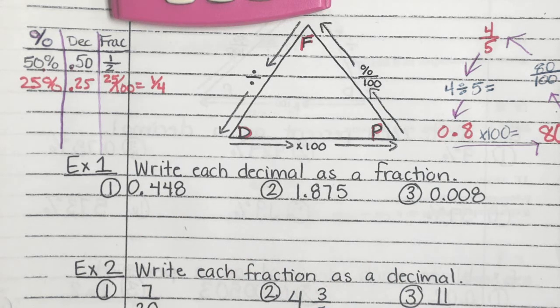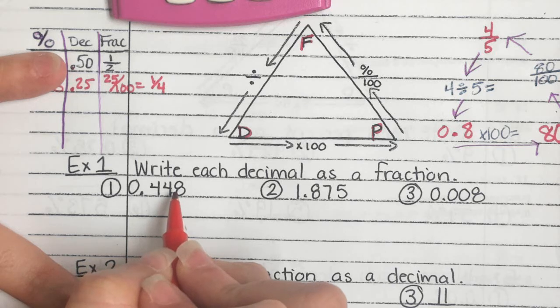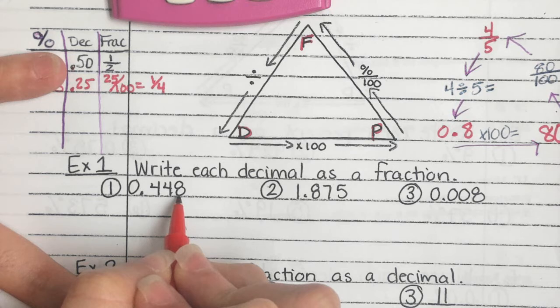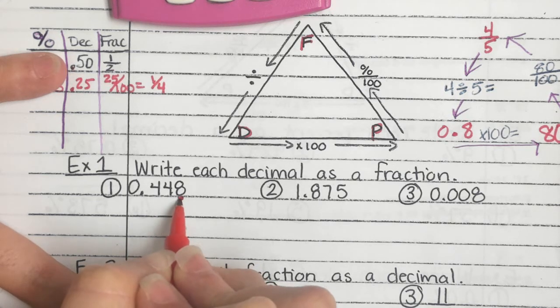But we've actually known a different way since probably 5th grade to do this. It's a little easier. I want you to think about it. In the world of math, we really shouldn't say .448. A good math teacher says 448.